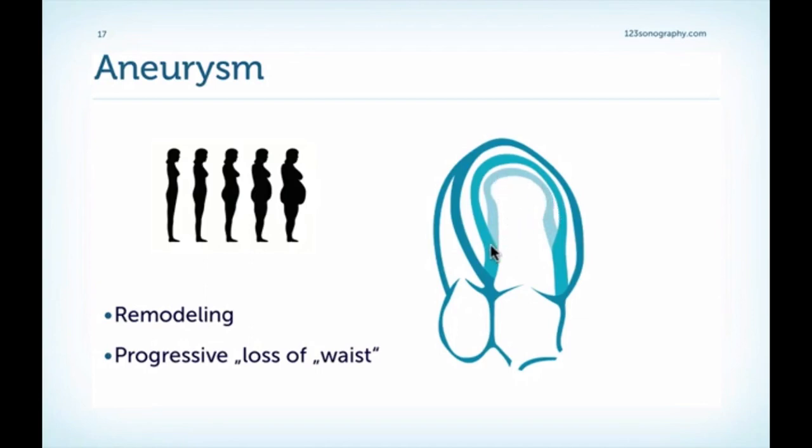Then the ventricle starts to remodel, and what happens is he actually loses the waist, and then he also loses the aneurysm because he does not have the typical features of a widened apex anymore. So in the end phases, the patient has a situation where he is much worse off than in the initial phases where he only has the aneurysm. Keep this in mind when you perform echocardiography and you follow up patients with anterior myocardial infarction and aneurysms.